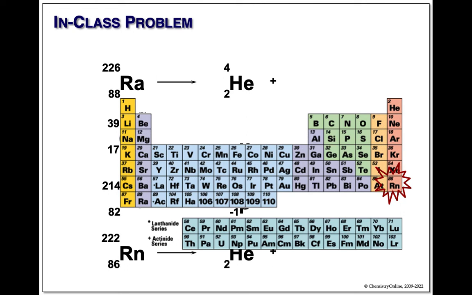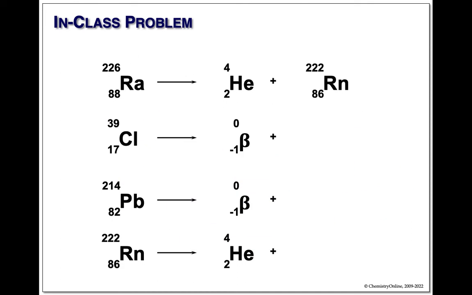So, radon is our element. 86 is going to be our atomic number. The mass number is going to drop from 226 to 224. I'm sorry, 222. Higher math. Any questions?